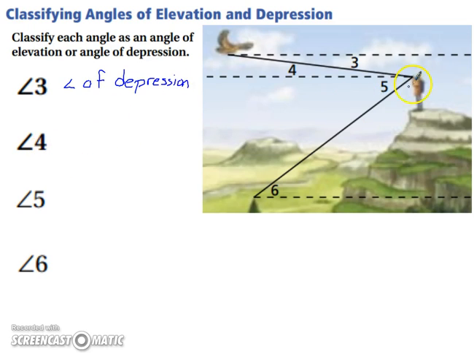Angle 4, you have the horizontal line here, and angle 4 is viewing a point above this horizontal, so therefore it's an angle of elevation. And for angle 5, we have our horizontal here, and you're viewing a point below the horizontal, so angle 5 is an angle of depression.